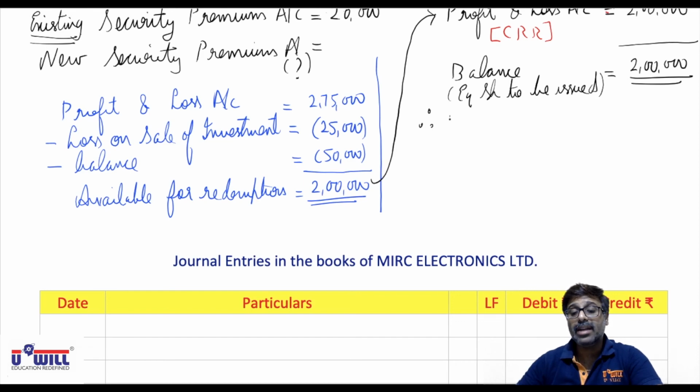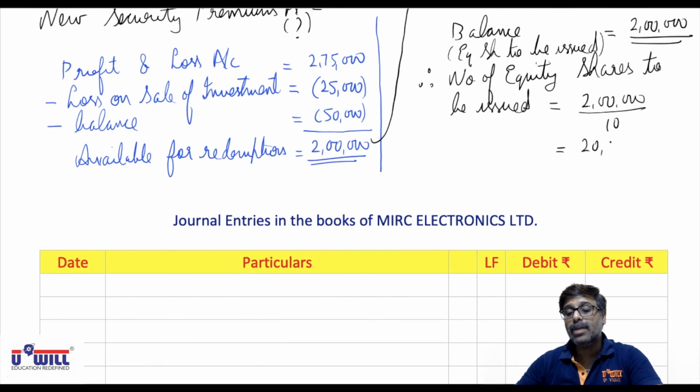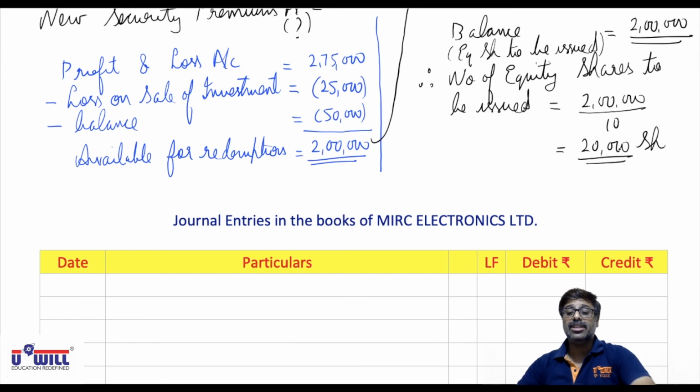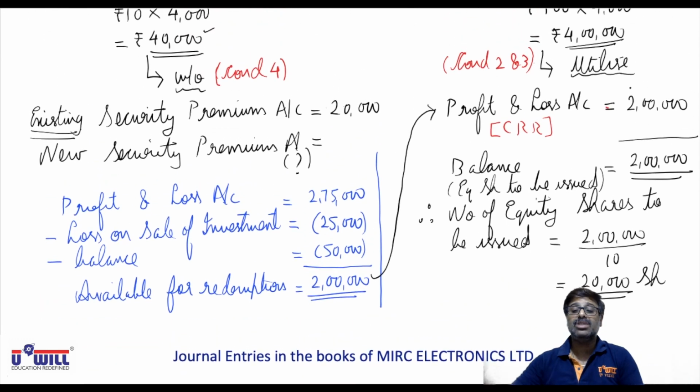So how will we find the number of equity shares to be issued so that the share capital increases by 2 lakh rupees? 2 lakhs divided by the face value of 10 rupees. So if you issue 20,000 equity shares to the public, then 20,000 equity shares into 10, 2 lakhs of share capital will increase, and 2 lakh will be transferred to CRR.